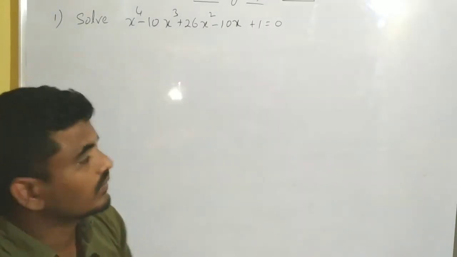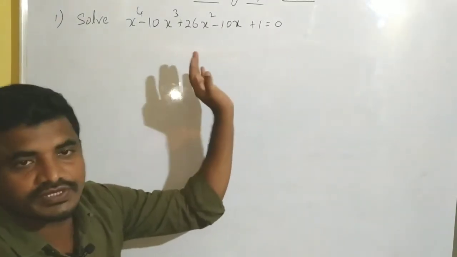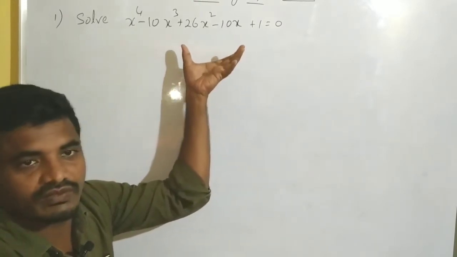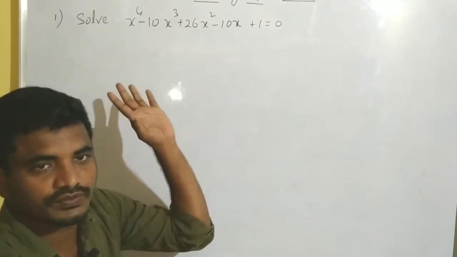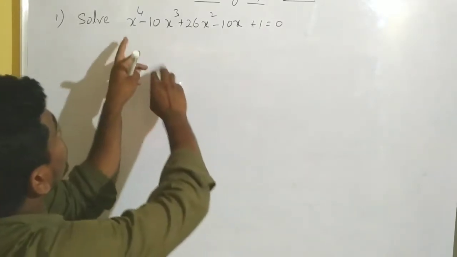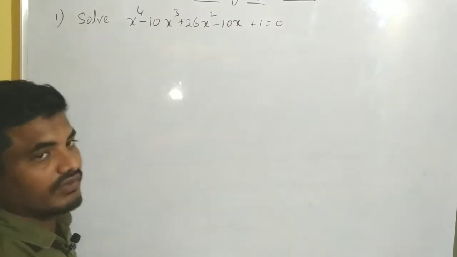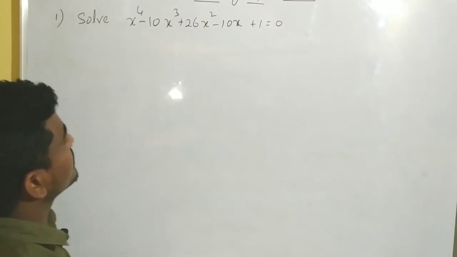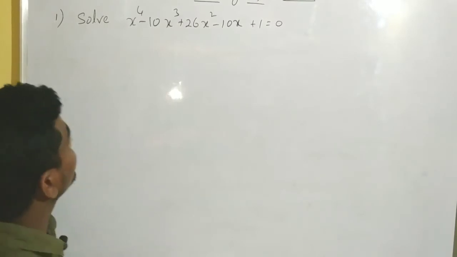Now the given question is a reciprocal equation of degree 4, so we can solve it by dividing the complete equation by x square.